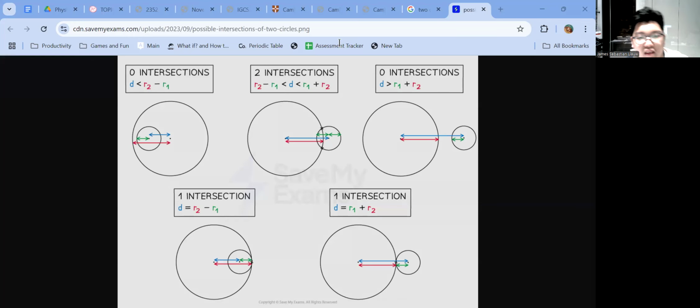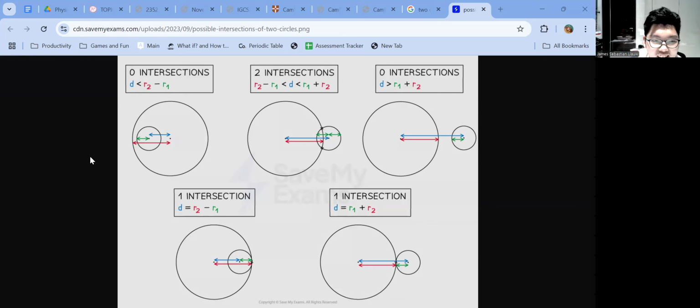The idea is like this. Yes, basically the whole idea is based on the distance of the radii from the distance of the centers.